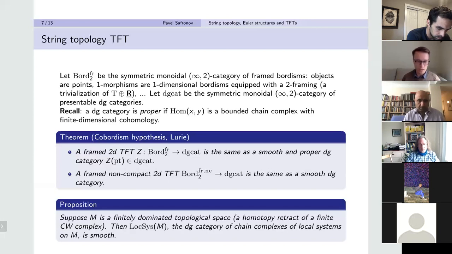Let's say you work over a field, or maybe over the integers. So just chain complexes of vector spaces or chain complexes of abelian groups. And these are finitely generated abelian groups or not even? No finiteness assumption there. Okay, thanks.